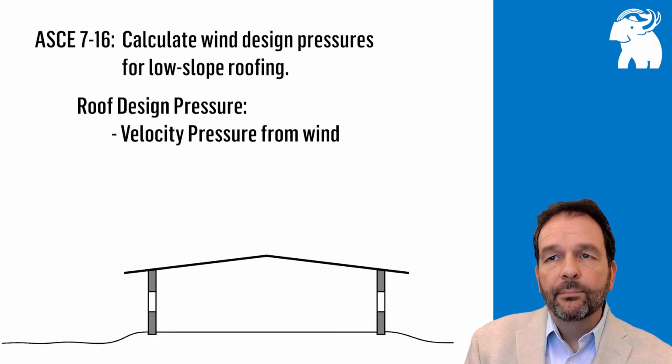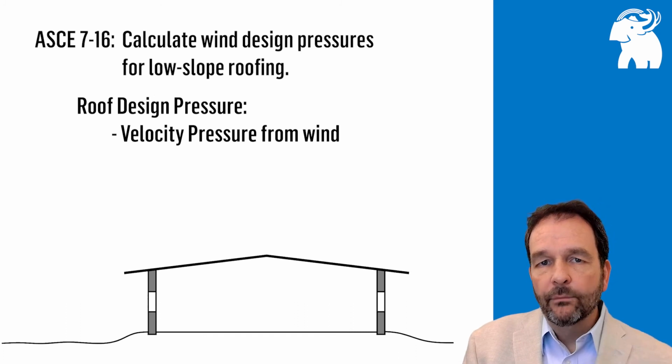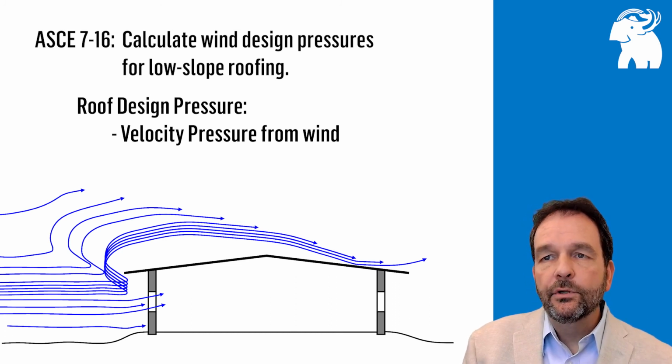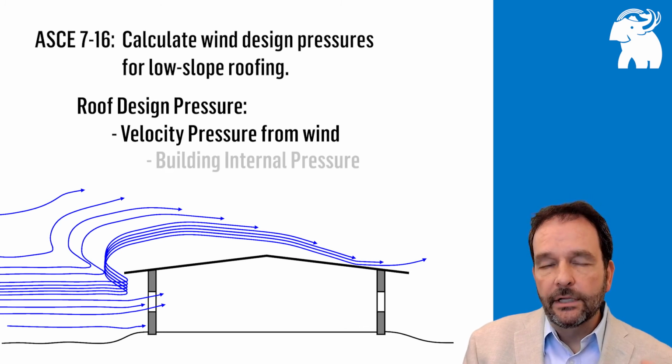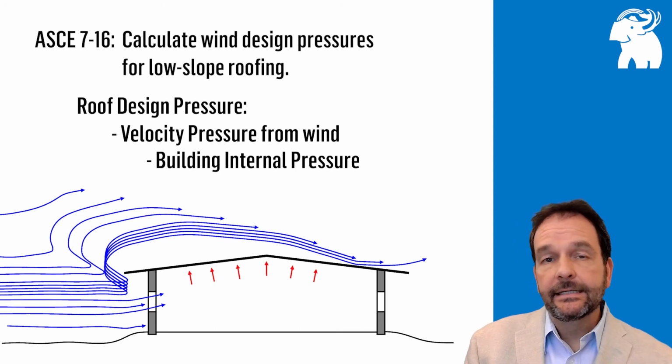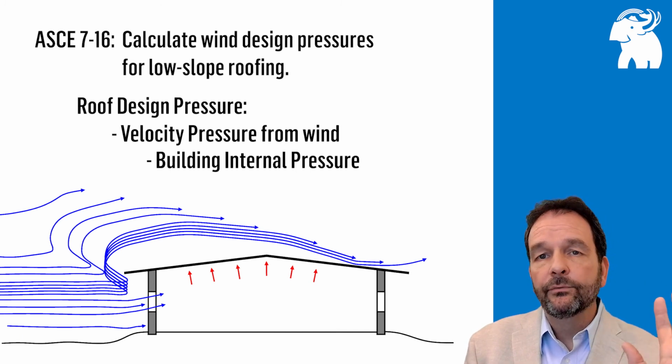The roof design pressure is basically made up of the velocity pressure of wind. When wind flows across terrain and strikes the building, there are basically two components of pressure acting on the roof. There's the internal positive pressure component, the wind that actually gets inside through the building enclosure and pressurizes the building from the interior and presses up on the roof.